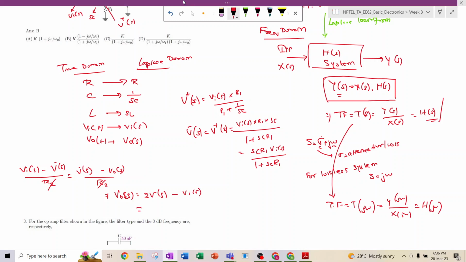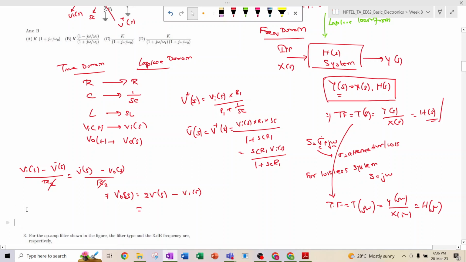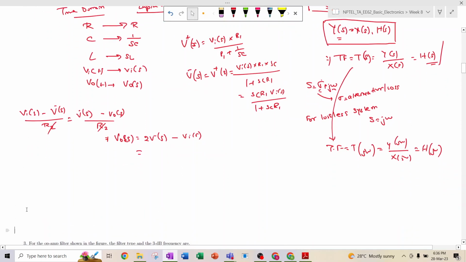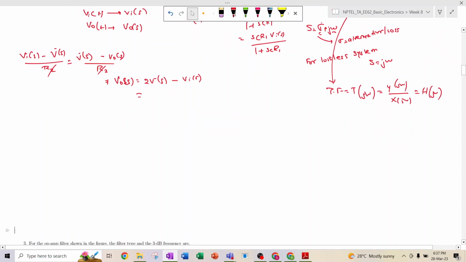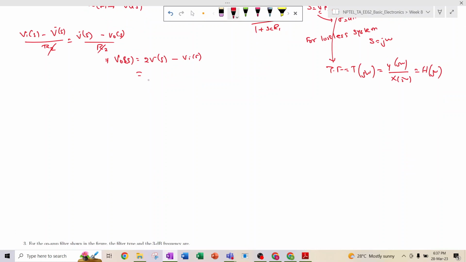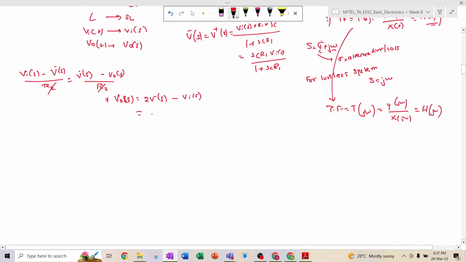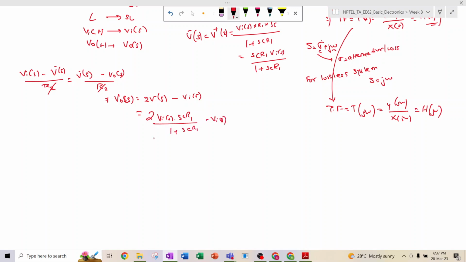So this is V minus S, and we can write it as 2 into Vi of S into SCR1 divided by 1 plus SCR1 minus Vi of S. If we take Vi of S common, then it is 2SCR1 minus 1 minus SCR1 over 1 plus SCR1, so it will be Vi of S into SCR1 minus 1 divided by 1 plus SCR1.